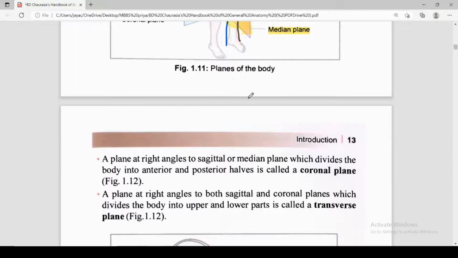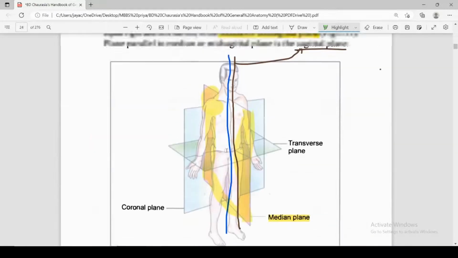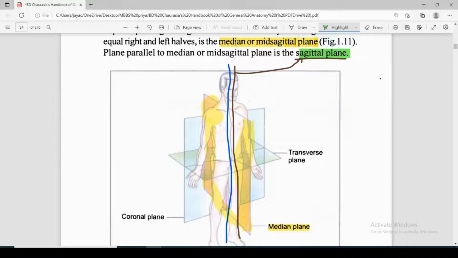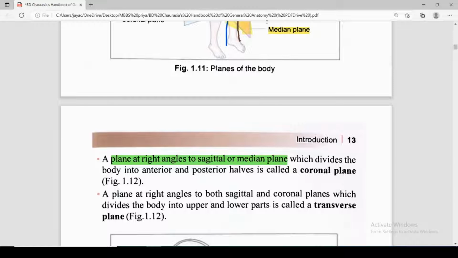And next is the plane at right angles to the sagittal or the median plane. Here, the sagittal plane or the median or mid-sagittal plane, that plane is at right angles. Okay, right angles is very important.